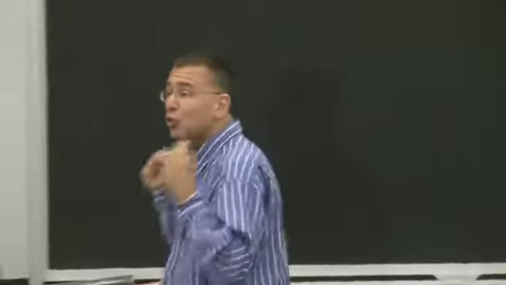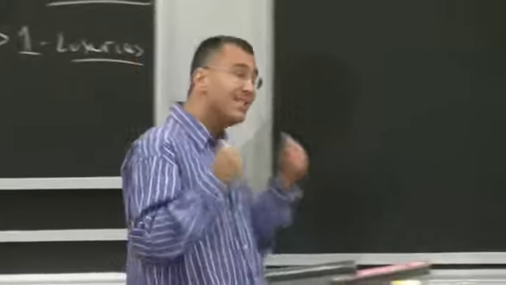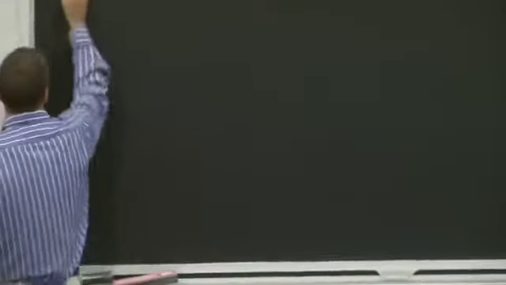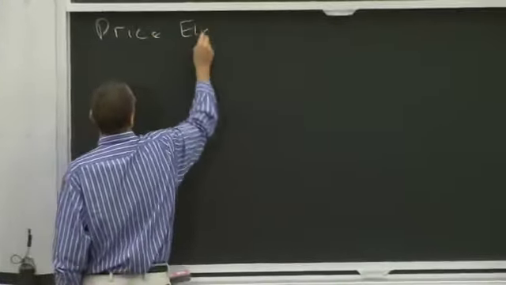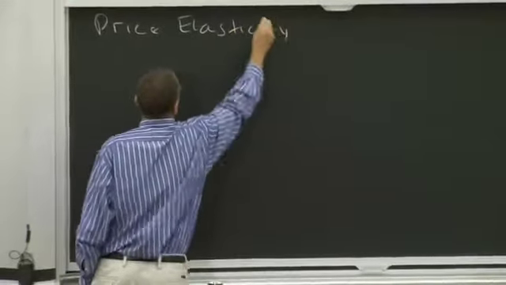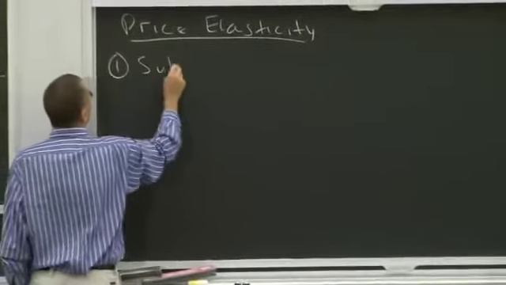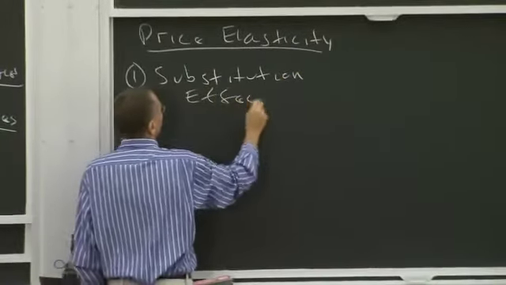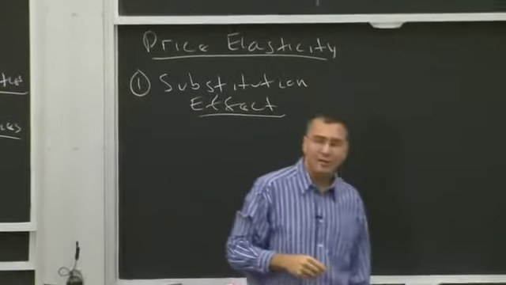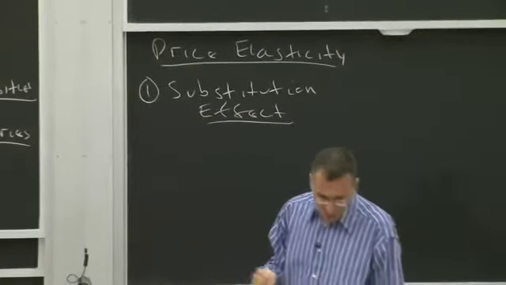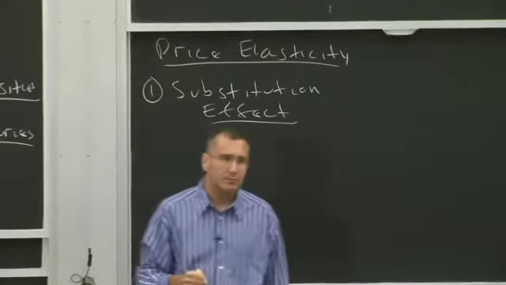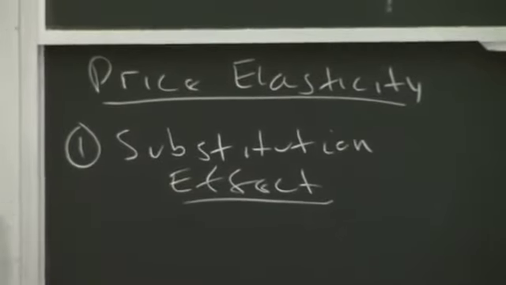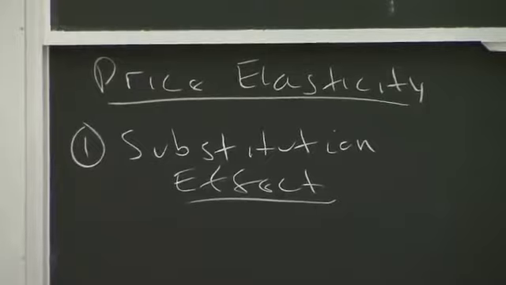What's going to determine it is two different effects which work generally together but sometimes in opposition. So there are two effects that determine price elasticity. The first is the substitution effect. The substitution effect is the change in quantity demanded when price increases, holding utility constant.